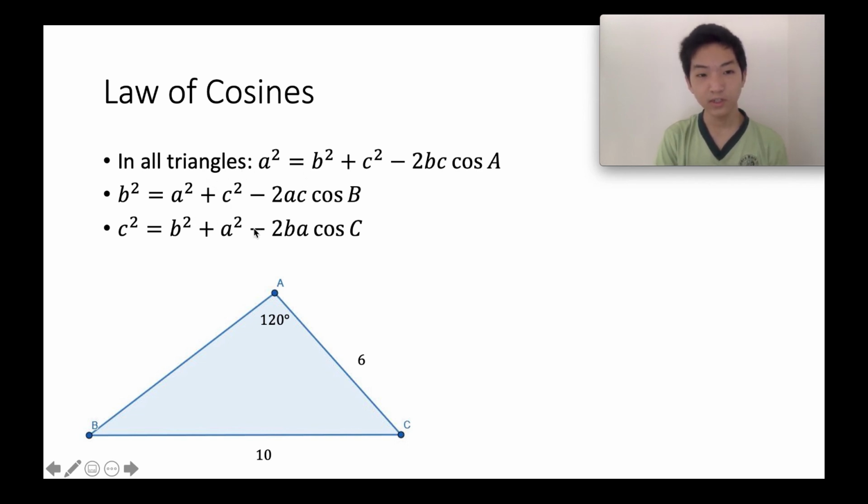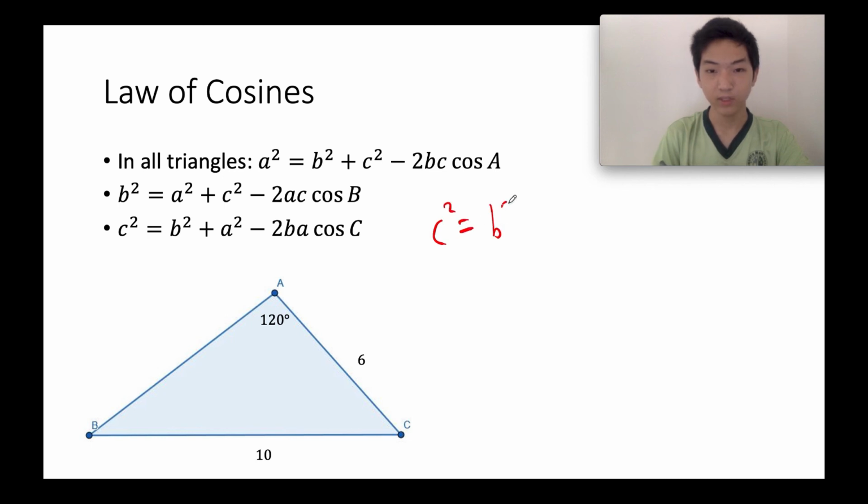Now you notice that this looks kind of similar to the Pythagorean theorem. Well, what if you use it as the Pythagorean theorem? Say c is the hypotenuse, and you're looking at this. Well, you would have c squared equals b squared plus a squared minus 2ab cosine C. Well, since C is the hypotenuse, the angle opposite the hypotenuse is always 90 degrees.